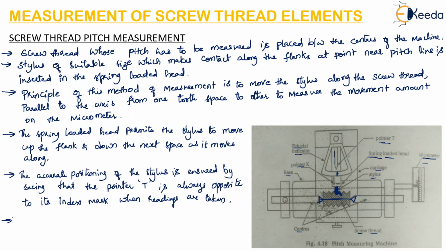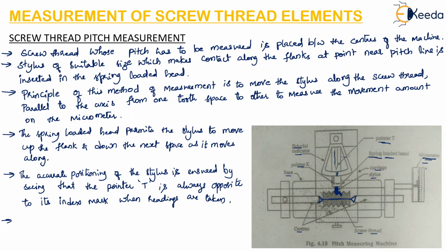So with the micrometer reading near the zero on the scale, the indicator is moved along to bring the stylus opposite the first thread space and it is clamped in position. While taking the first reading, this micrometer must have a zero reading.